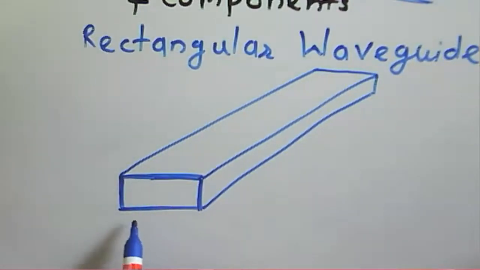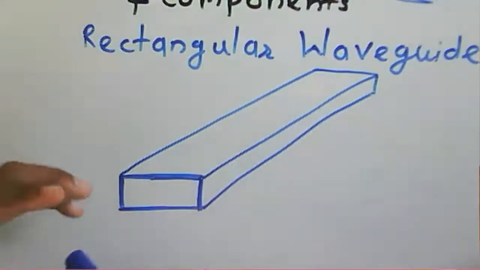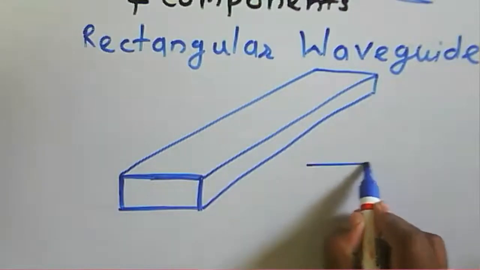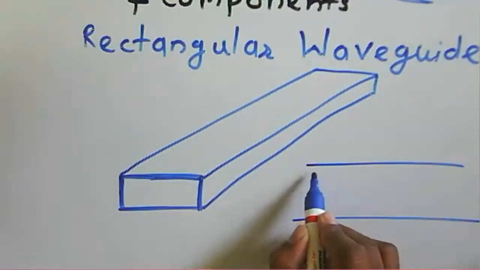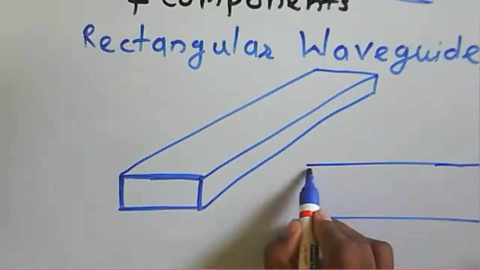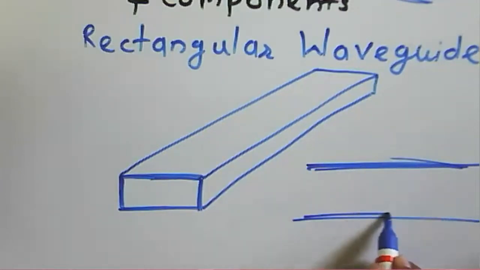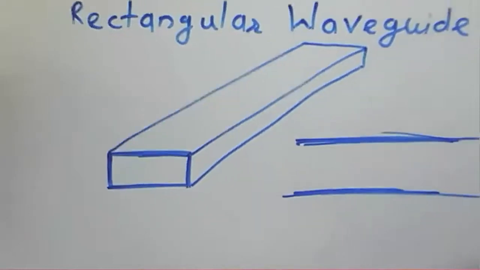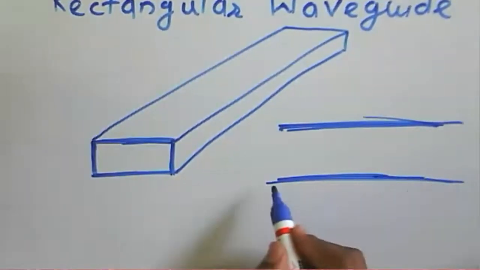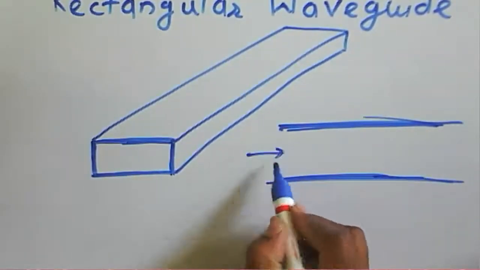Outside, it is seen as metallic, but internally it has a conducting wall. If you see the cross section of this particular waveguide, the internal walls of this tube are conducting, and the wave is propagating through this.